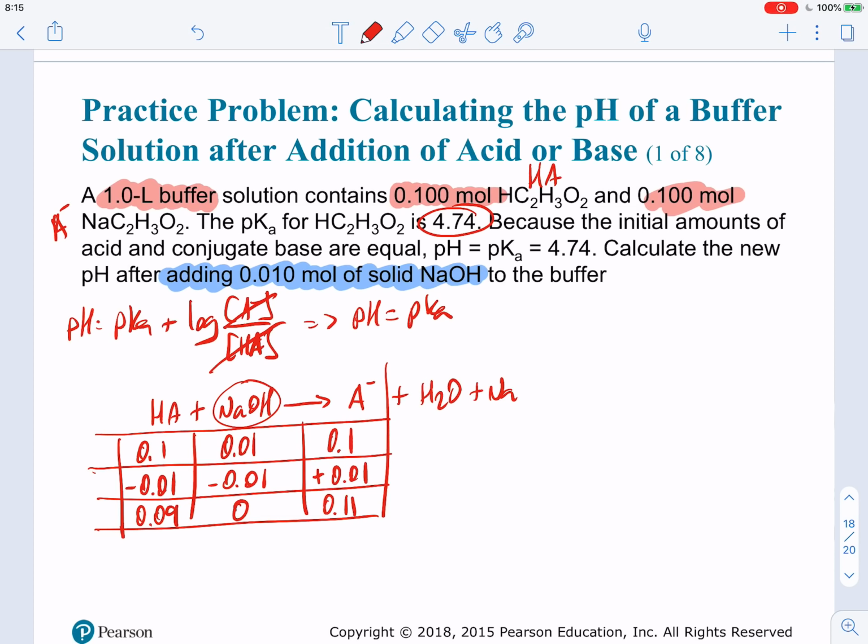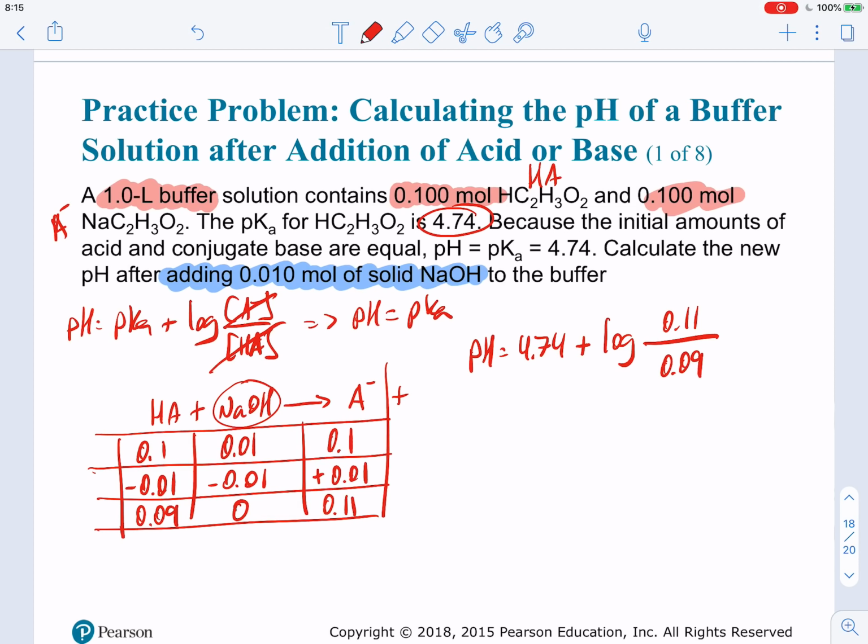Okay, let me erase those here because we don't need them. So pH is going to be equal to 4.74, the new situation, plus the log of the base, which is 0.11, divided by 0.09.